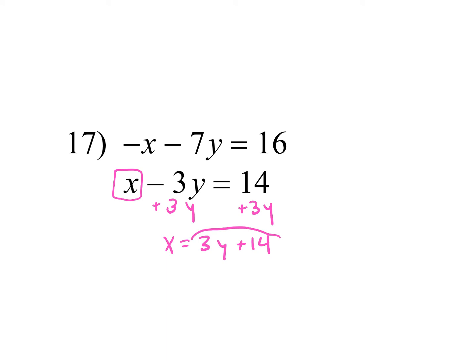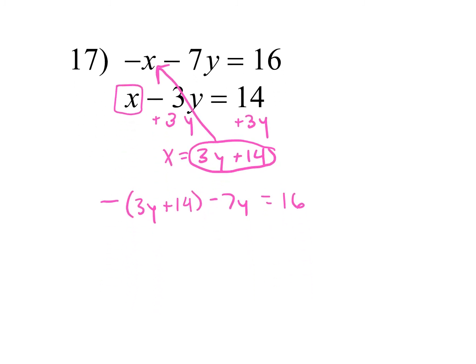So if x is equal to this, what do I do with it? Plug it into x. So I have negative 3y plus 14 minus 7y is equal to 16. What should I do first to solve? Distribute. Don't forget to distribute that negative to both things inside your parentheses.